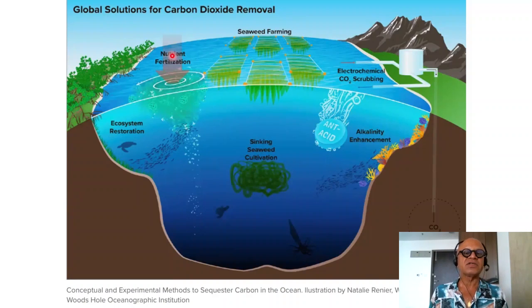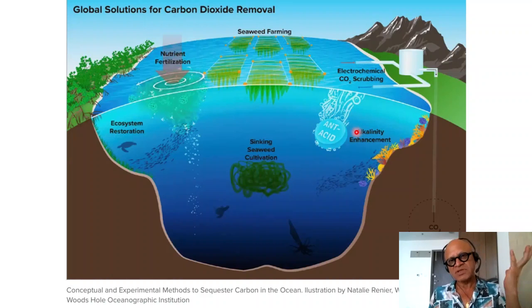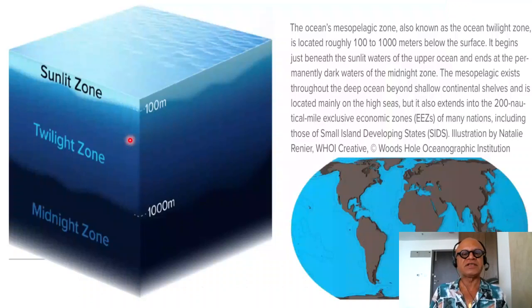So this is the various ways in which the ocean CDR is envisioned, with nutrient fertilization like iron fertilization, seaweed farming and sinking seaweeds, alkalinity enhancement. So in my carbon cycle course, you will find a lot of these details as well. Here I'm just using them to set up the scene for the mesopelagic zone and twilight zone, electrochemical CO2 scrubbing, ecosystem restoration, and so on and so forth.